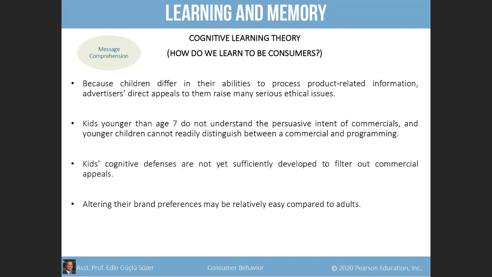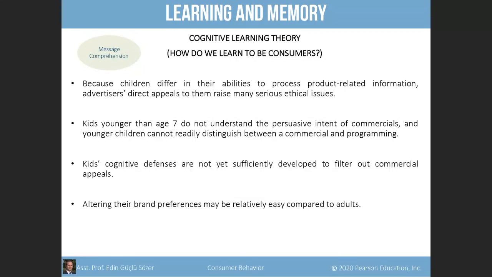Very related to this cognitive development, message comprehension is also very important. As I told you, children before 6 or 7 years old cannot really understand the real intent behind the commercials, and they are vulnerable to commercial messages and intentions.